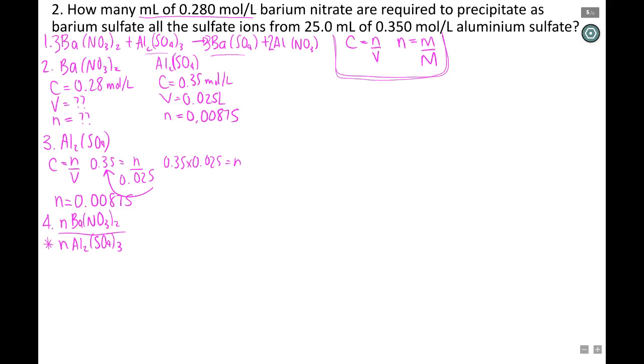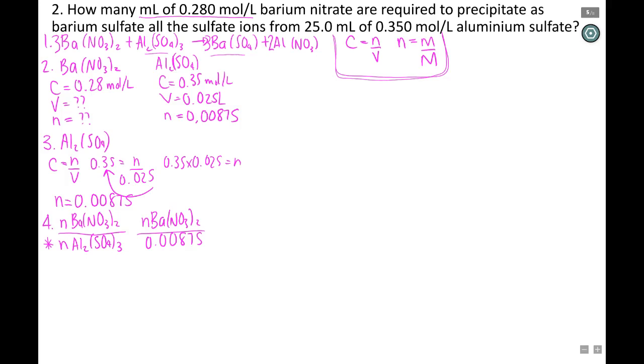So our equation then turns into n of barium nitrate over 0.00875. Now, if we have a look at our balanced equation, we can see that we need 3 lots of barium nitrate in order to make 1 lot of aluminium sulfate.